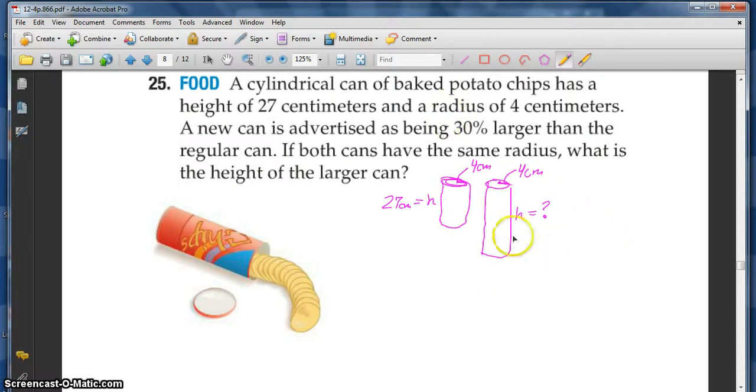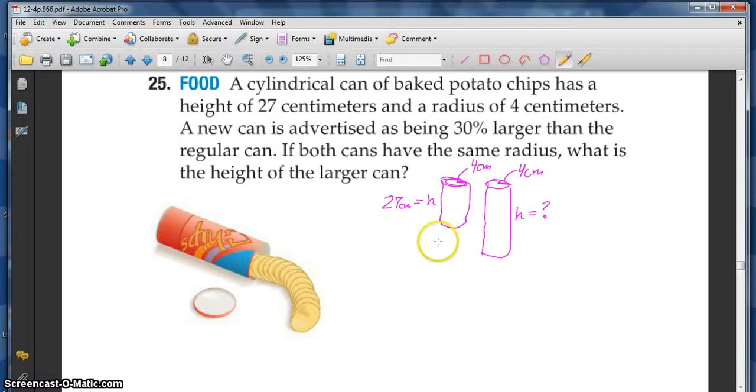If we want the volume here to be 30% larger than the other, well, to be the same size, that would be 100%. 30% larger, so 130% the size of this.